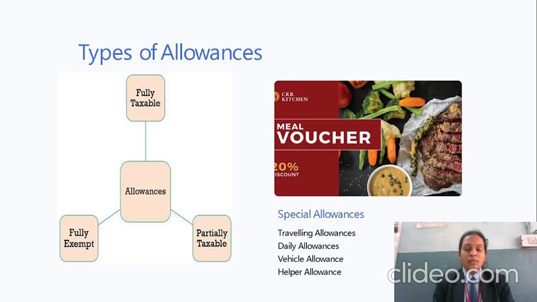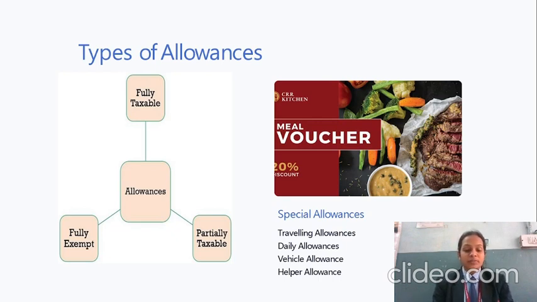It includes foreign allowance or the allowance of judges of high courts. Then partially taxable allowances, which means some amount of the allowance is taxable, or some amount of allowance is fully exempted from the tax.